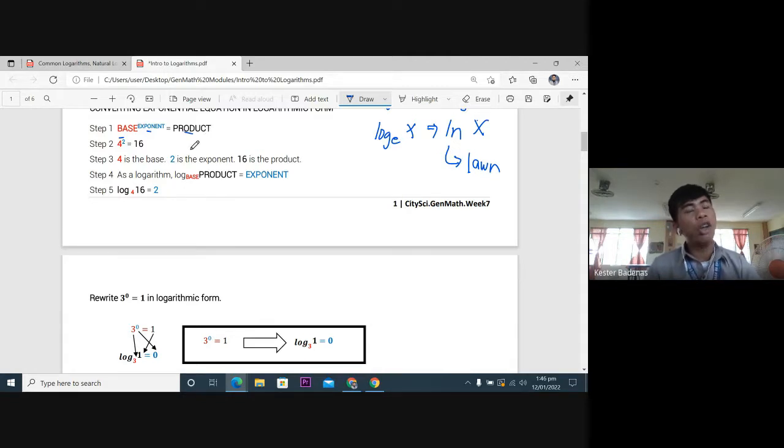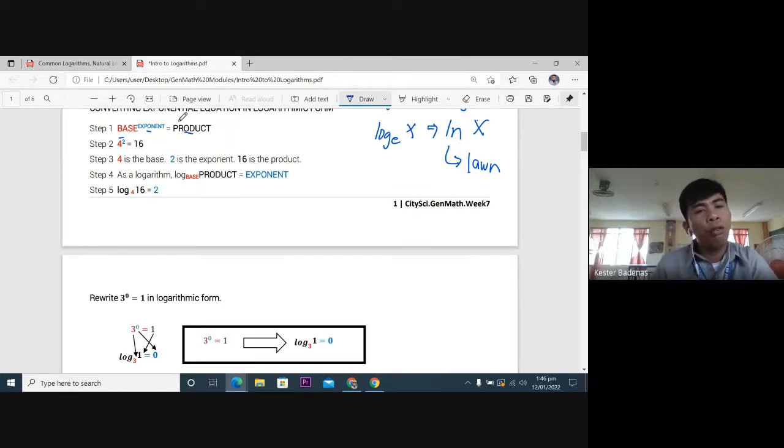The product or the power. So, the answer of having the operation of doing the exponents to a base is the product. Tinatawag din siyang product. Kasi di ba, pag minultiply mo yung isang number several times, product pa rin. So, step 2, identify the parts.